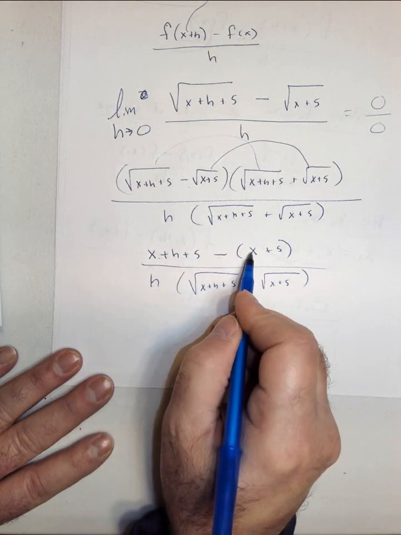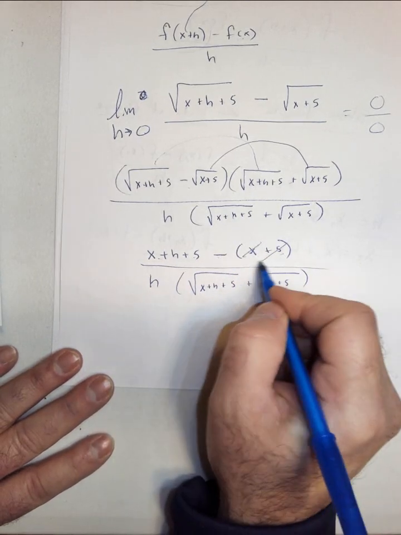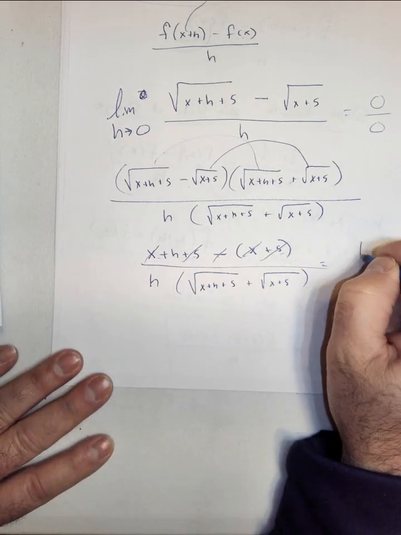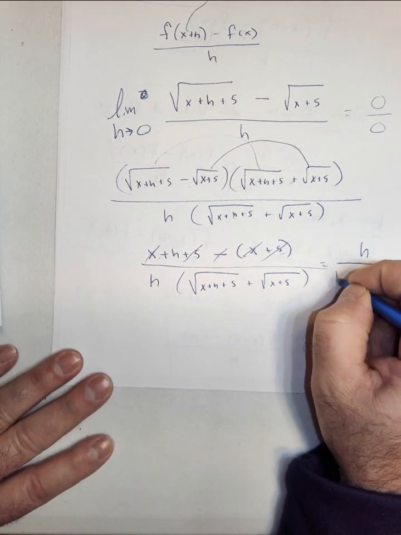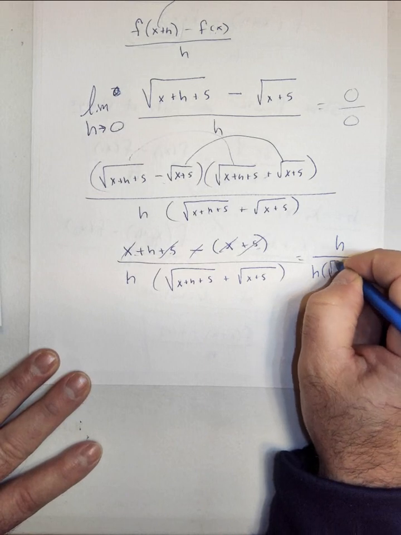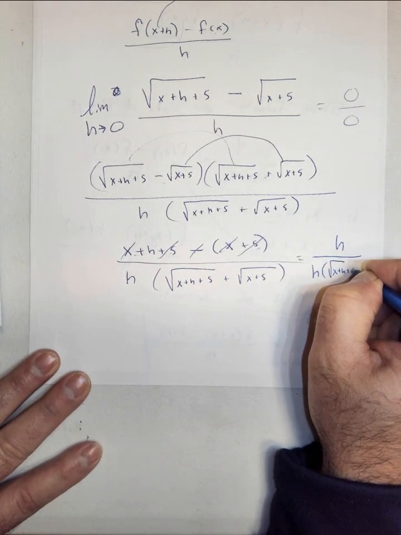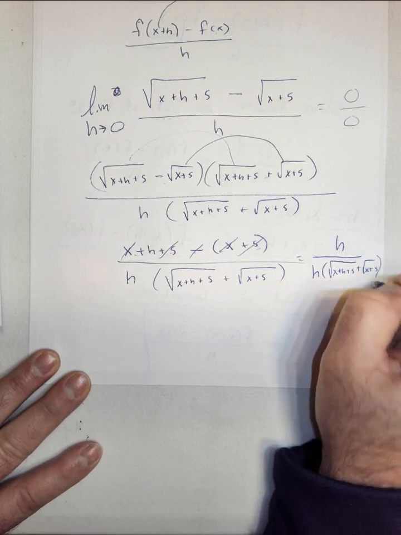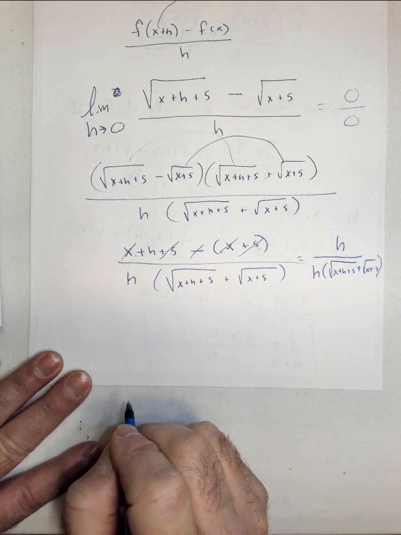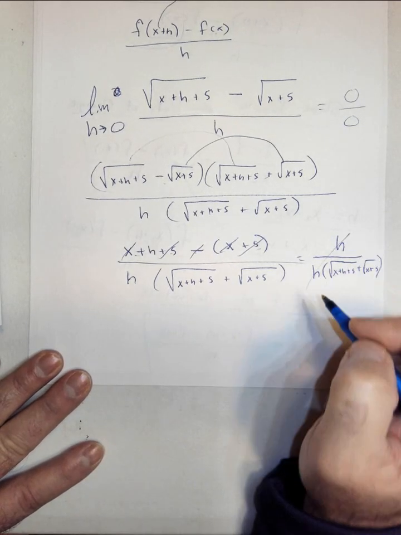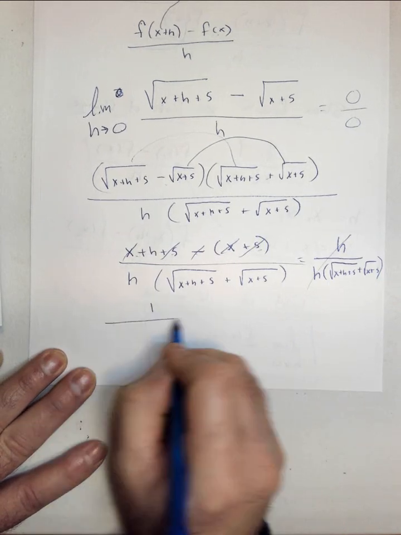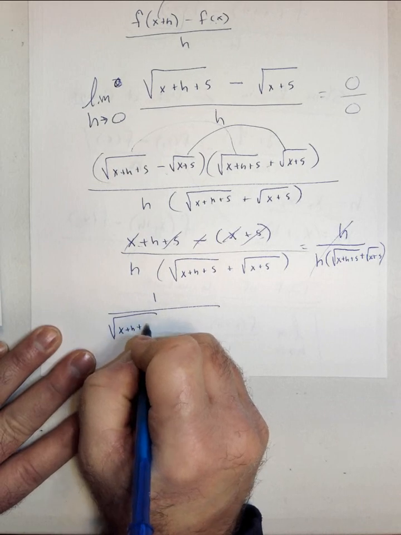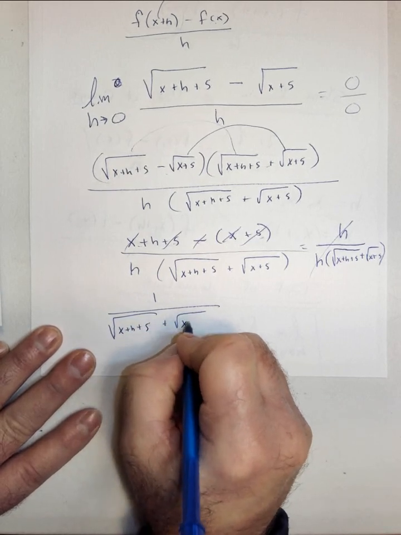So x minus x, 5 minus 5, all we're left with is the h on top, over the bottom, and there goes your hole. So we have the square root of x plus h plus 5 plus the square root of x plus 5.